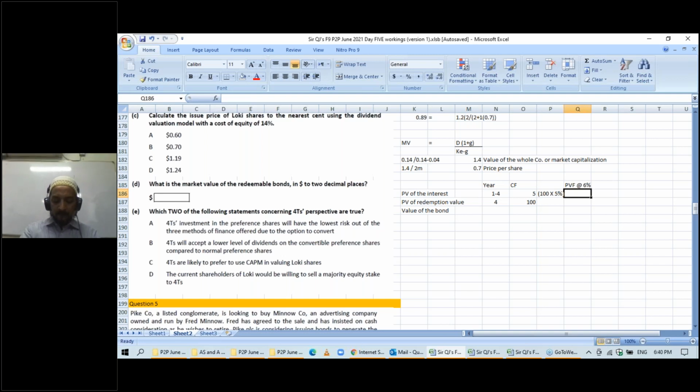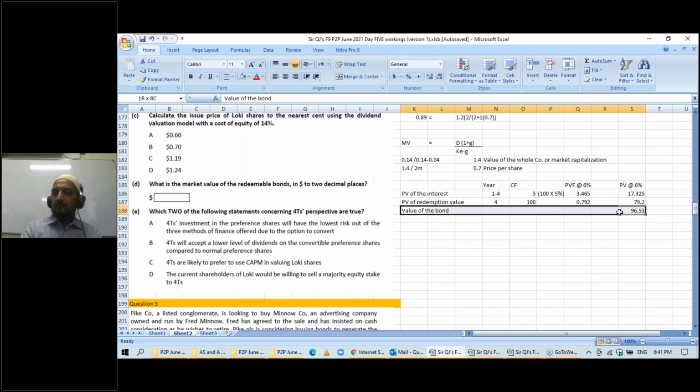So this makes... so there you go. You get the market value, which is 96.53, using the cash flow method.